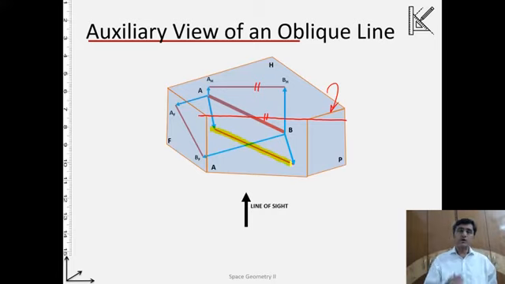Now one more thing here. Can we say something about how much below this line is from the hinge line or from the horizontal plane? Again, we will make use of one more concept here. Just think of the concept. The concept is this. If this is the line, that's the horizontal plane, frontal plane, and this is, say, the auxiliary plane.